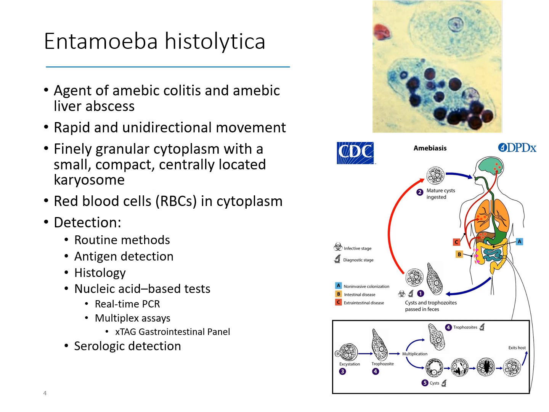You can also have amoebic hepatitis, which causes enlargement of the liver, fever, chills, and leukocytosis, or an increase in white blood cells. This organism appears with a finely granular cytoplasm and a small, compact, centrally located karyosome.